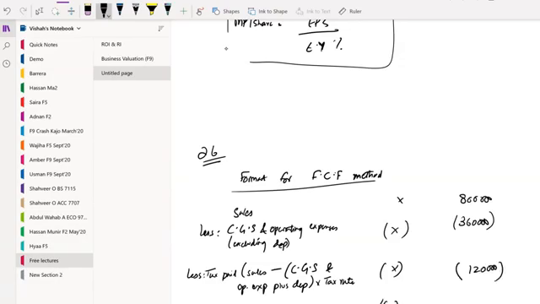How did I compute it? 8 lakh minus 360,000 plus 40,000 into 30%.